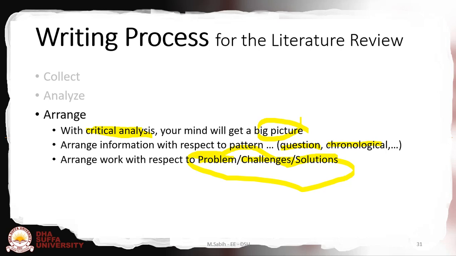So after reviewing all the 10 or 20 sources that you are studying, maybe 6 may be about the solution, and 4, for example, may be talking about the problem, or a combination of them, or a challenge.